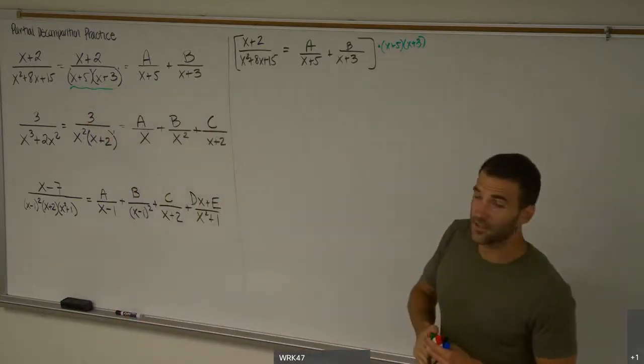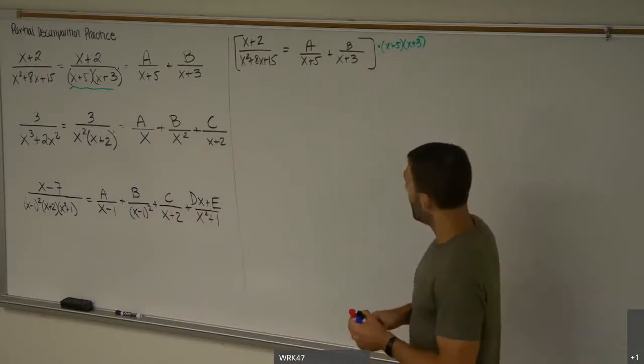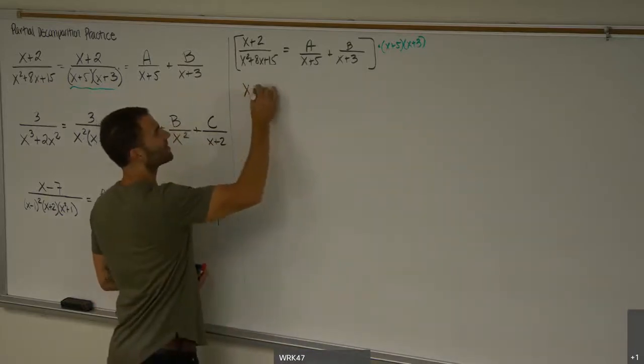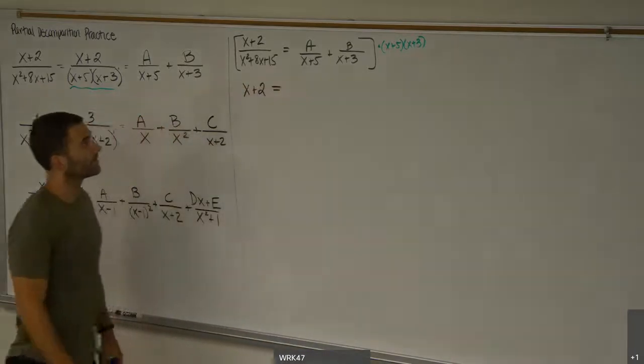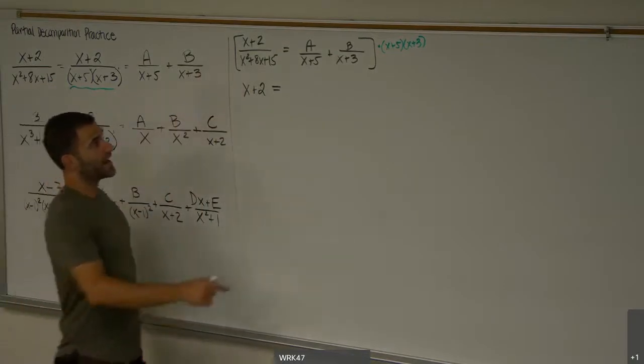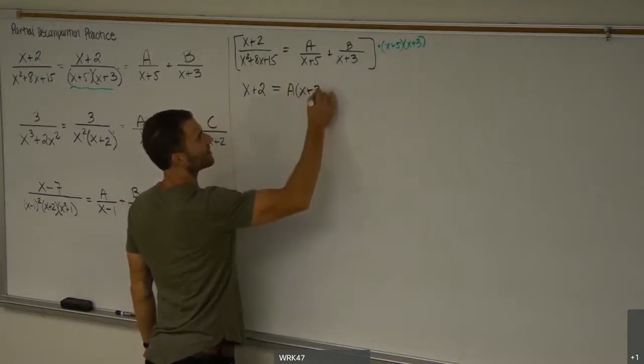Why do I want the factored form? Well, because I want to see what cancels in these terms. On the left-hand side, when I multiply through, the whole denominator is gone, leaving me with only x plus 2, the numerator. On the right-hand side, when I multiply into the first term, the x plus 5 cancels, leaving me with A times x plus 3.